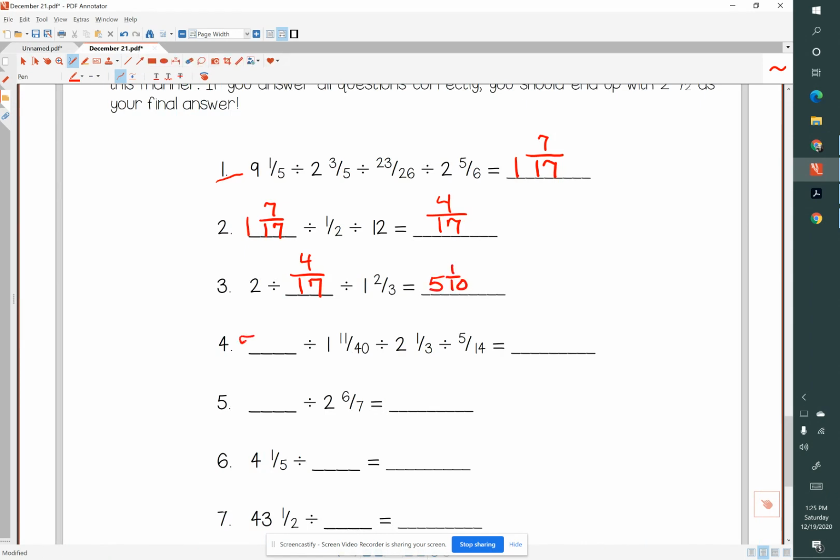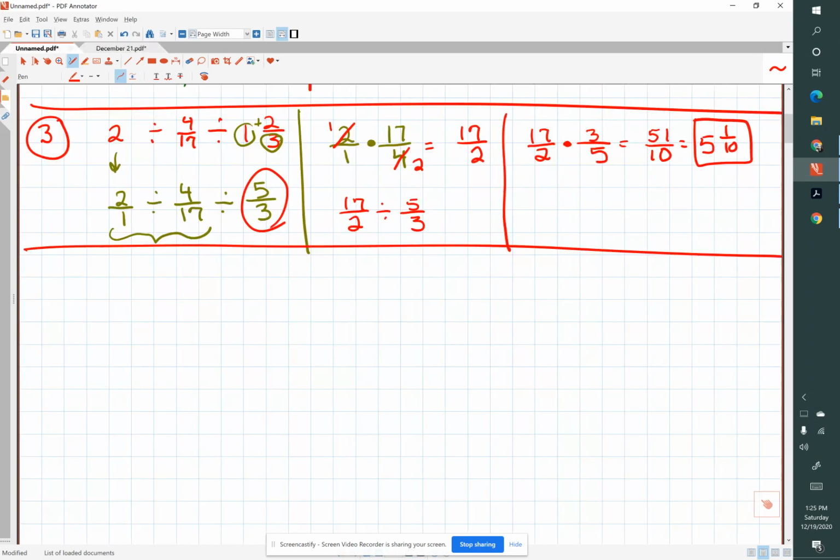And we'll put that for number 4. And we've got 3 improper fractions and 3 mixed numbers, and 1 fraction. So let's get to work on number 4. So number 4, let's start with the green.